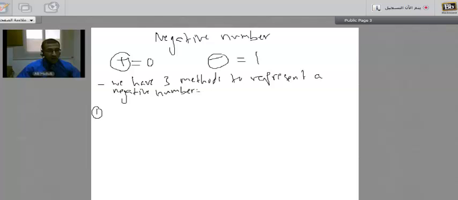The first one is called the sign magnitude. The next one, or the second method, is called ones complement.